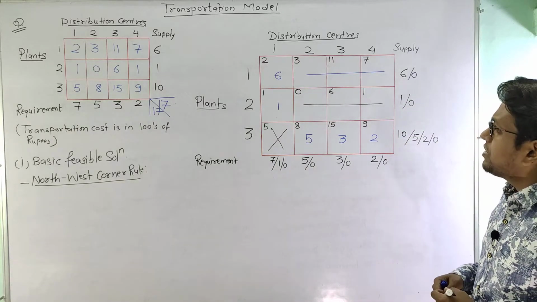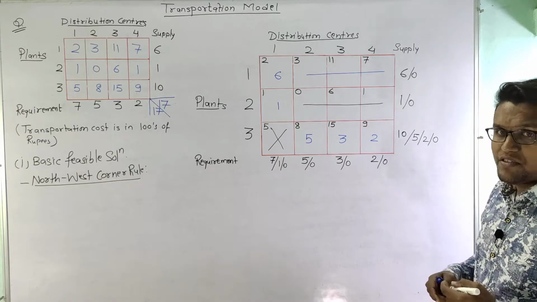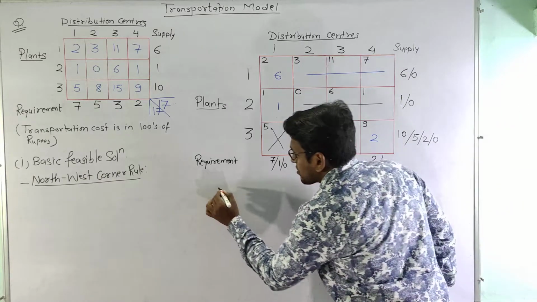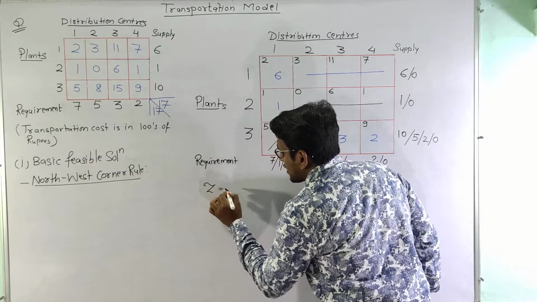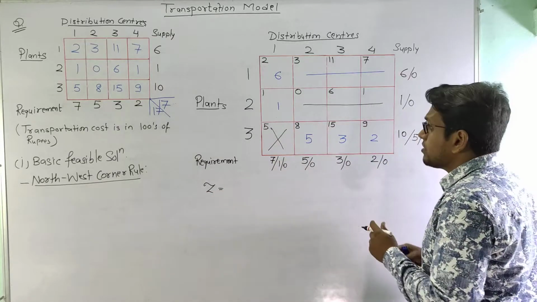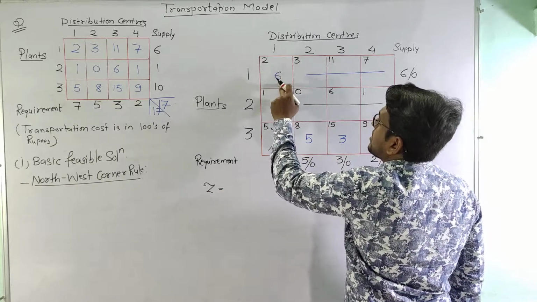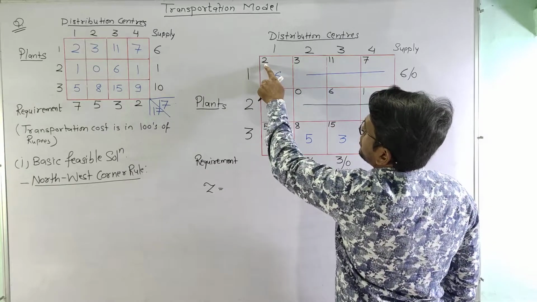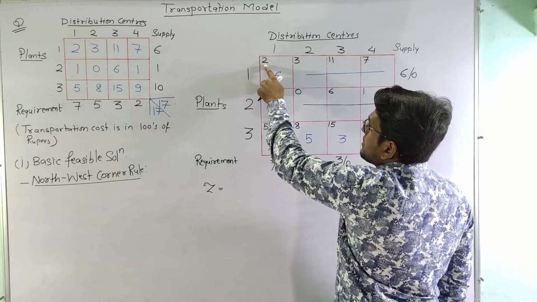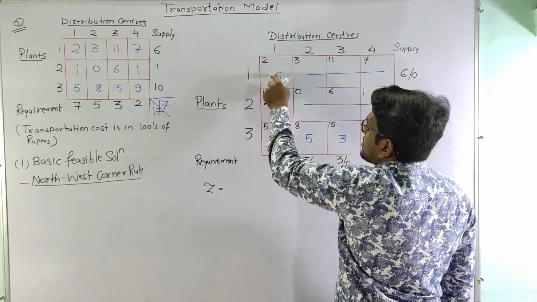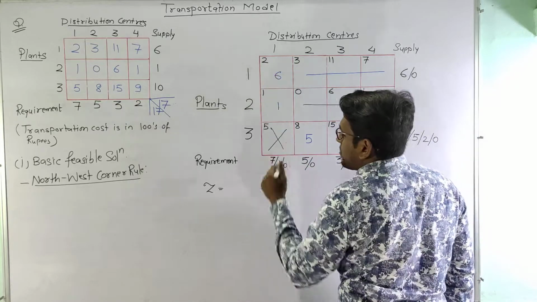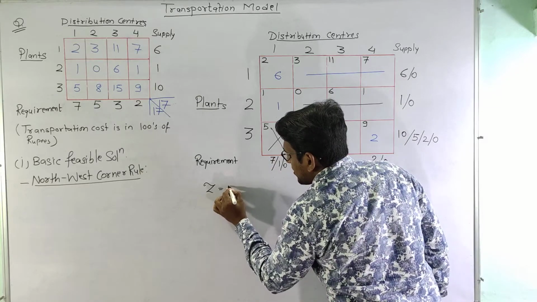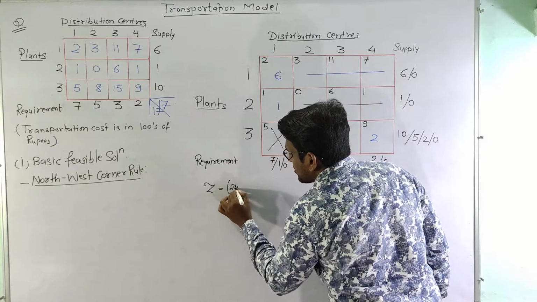Now we need to calculate the value of Z, that means transportation cost. So the transportation cost here can be given as number of units multiplied by unit transportation cost. That means the transportation cost of 1 unit is 200 and for 6 units is 6 multiplied by 200. So we will write 2 into 6.